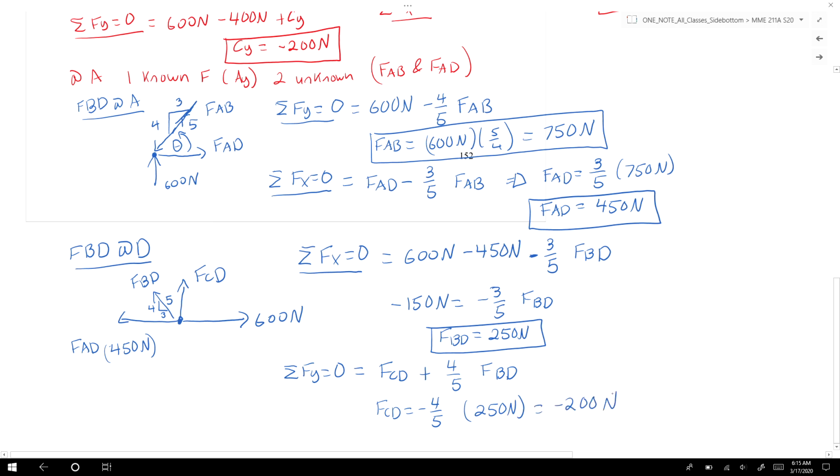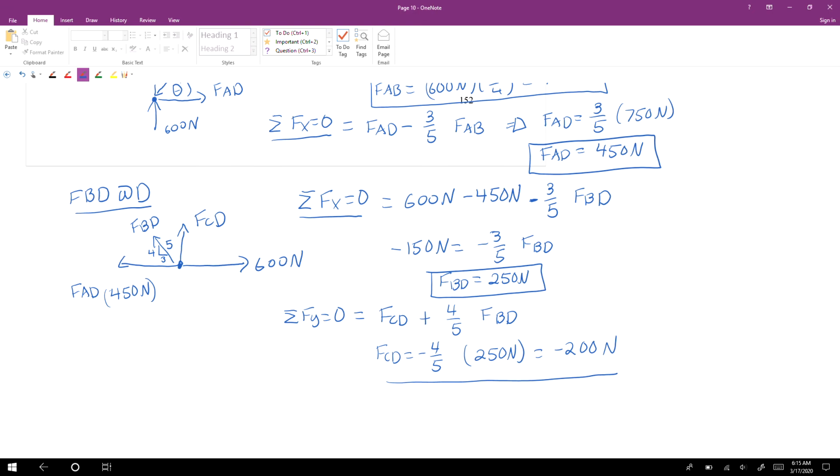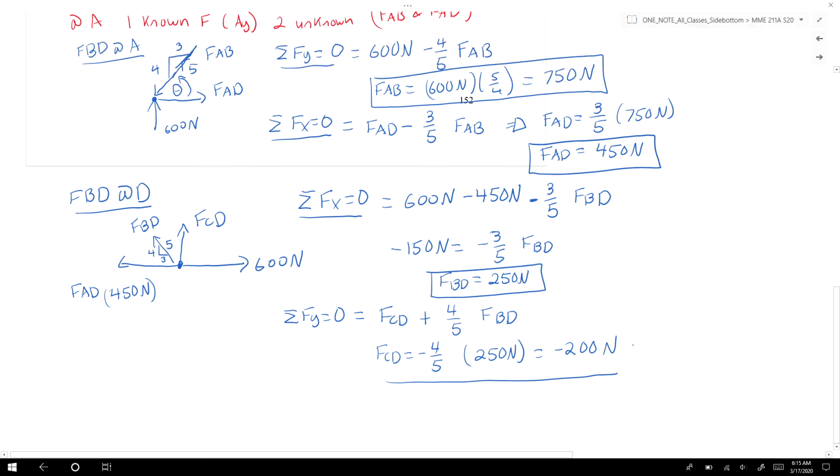All right. So what you should notice here is that since our 200 Newton force for FCD has a negative sign in front of it, what that actually means is that FCD is actually a 200 Newton force in compression.